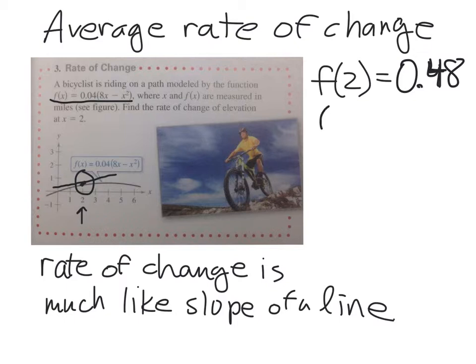So we have our point, x equals 2, y equals 0.48. Now, using the function f of x here, how would we be able to approximate the slope of that tangent line?